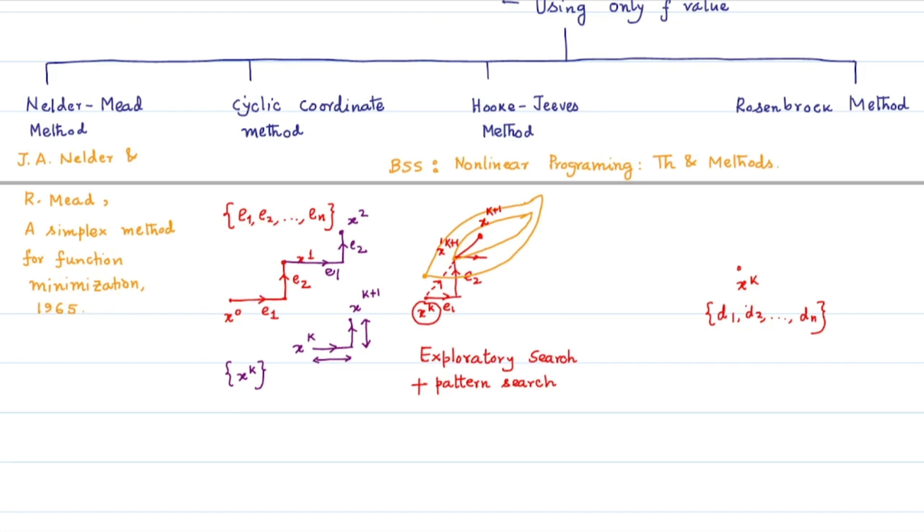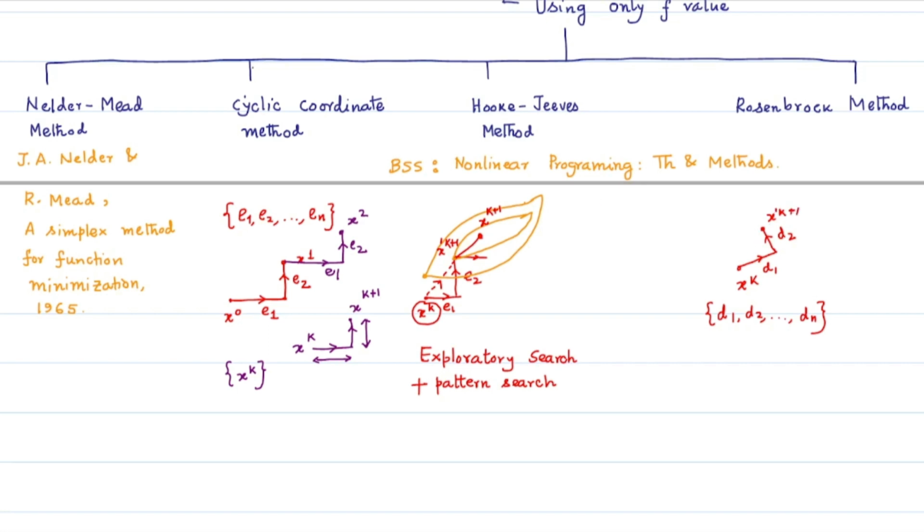After generating these n orthogonal directions, we move along the directions d1, d2 till dn, and after visiting all of them, we reach the point xk plus 1 dash.